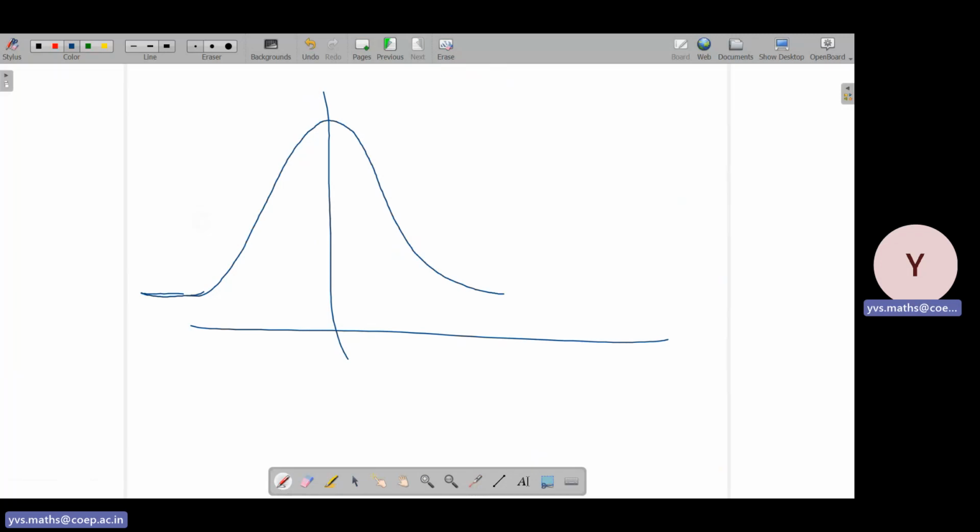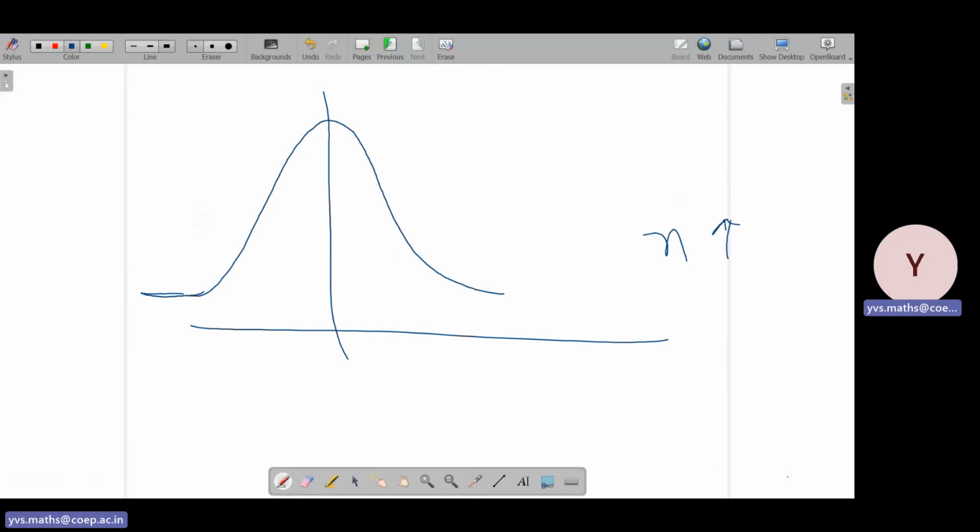But t is more variable, since it fluctuates with respect to both x bar and s square, whereas z depends only on x bar and changes from sample to sample. Next property: the variance of t depends on sample size n and is always greater than 1. As n tends to infinity, both distributions, t and z, become the same.